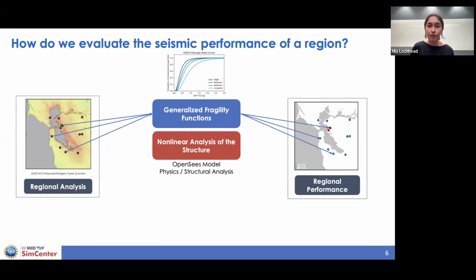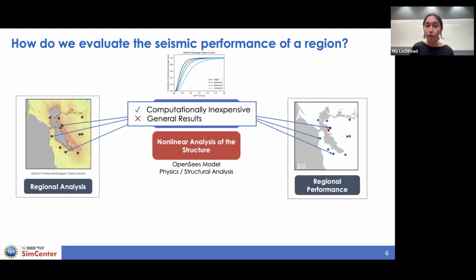These fragility functions are somewhat generalized because there is a specified set of them that certain structures are sorted into. So there are these categorical definitions of structures that we use in this generalized fragility function method. Although this solves our problem in that it's computationally very inexpensive, it provides somewhat generalized results, and not nearly as much detail as high fidelity nonlinear analysis.